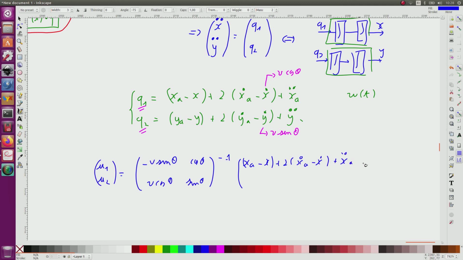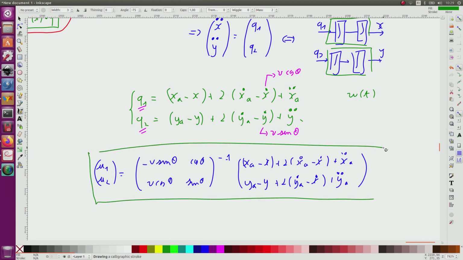This is for the x part. So this is my controller.